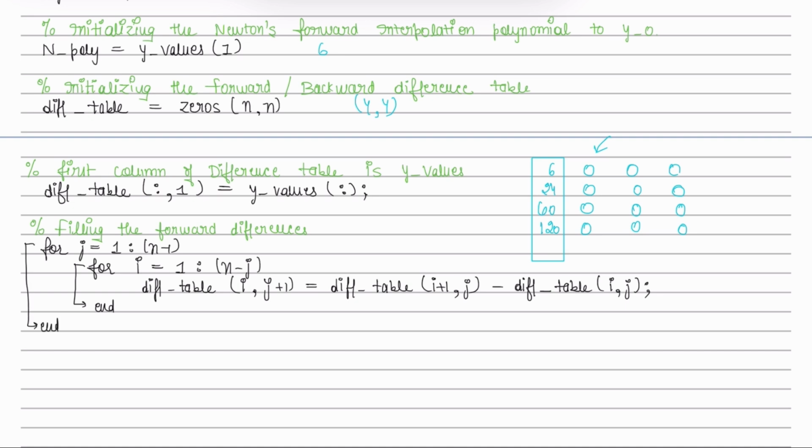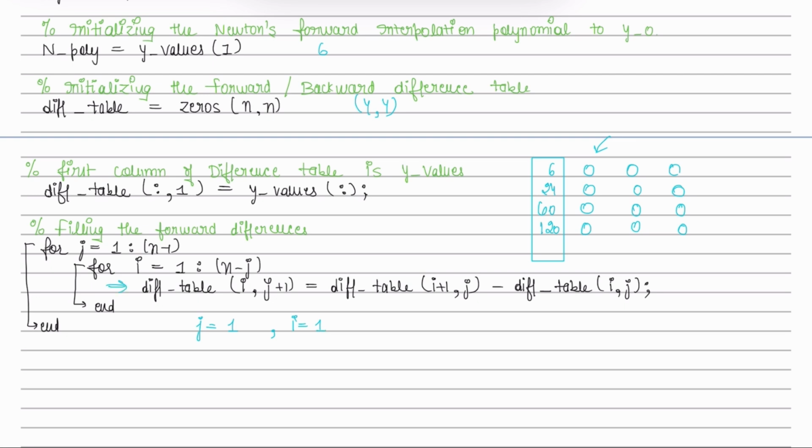Let us first understand this loop. Till now the difference table is written here in blue color. When the loop is initialized, the j value is 1 and the corresponding i value is again 1.